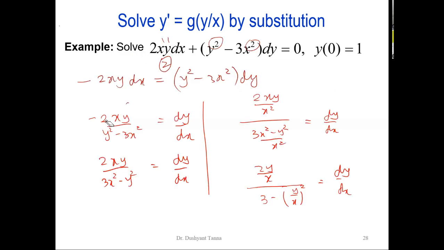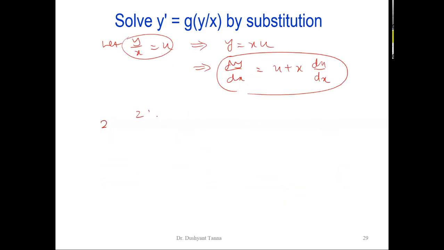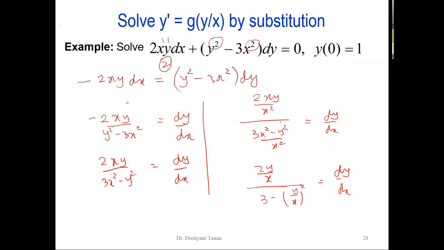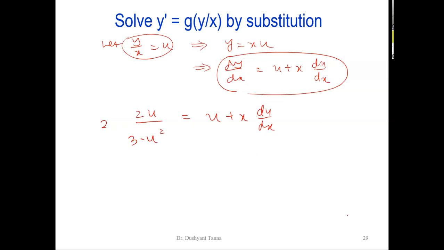So this will be 2u over 3 minus u squared is equal to u plus x du by dx, right? I call these equations 1, 2, and 3.